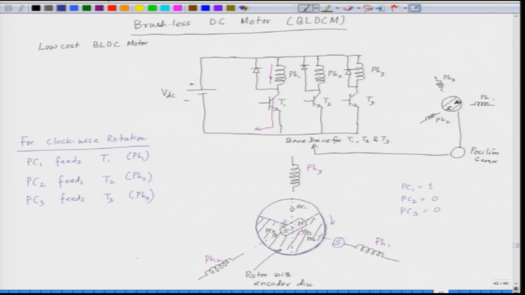So, in this case there is a continuous rotation, because the encoder gives the signal such that at any point of time one of the photocouplers is 1. The photocouplers are connected to the base of the transistors and the corresponding transistor turns on, and this is a continuous rotation. Now, why is it called a brushless DC motor?